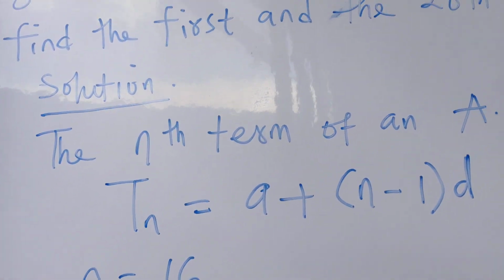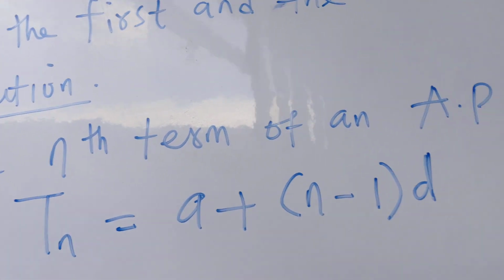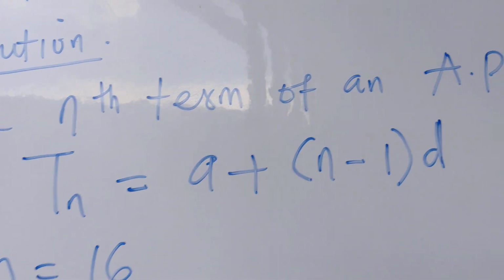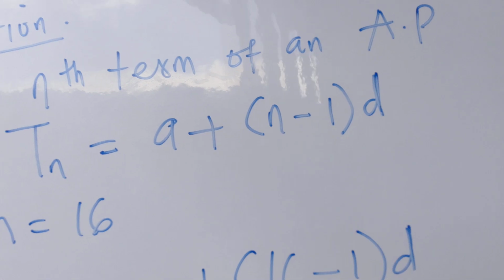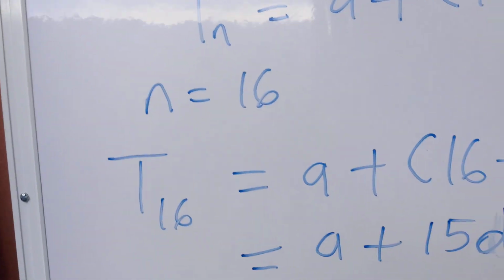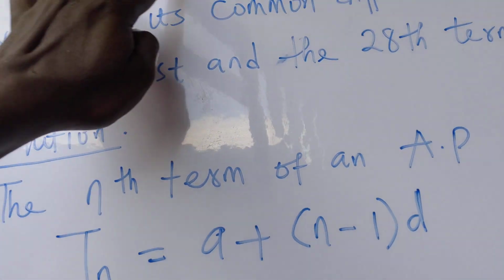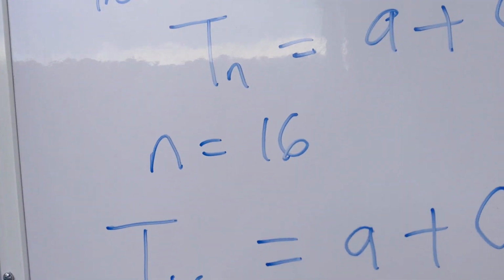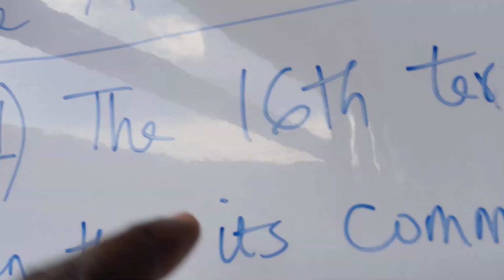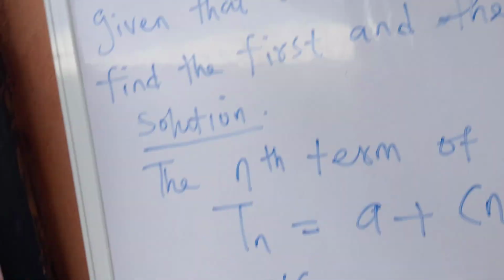So we started from the nth term of the AP, and we had that Tn is equal to a plus n minus 1 times d. And actually the number of terms was 16 in this case. The 16th term here shows that the number of terms is 16. So when you see the 16th term, you just know that n is equal to 16.